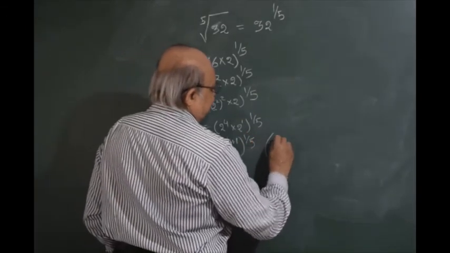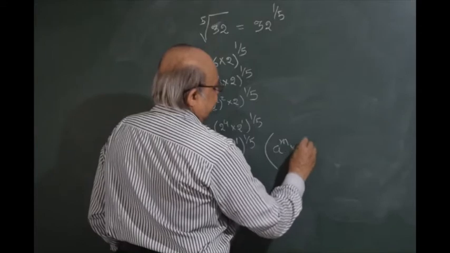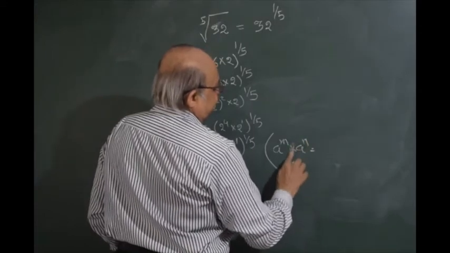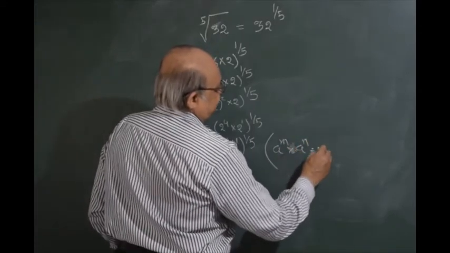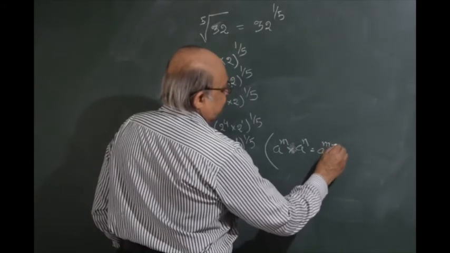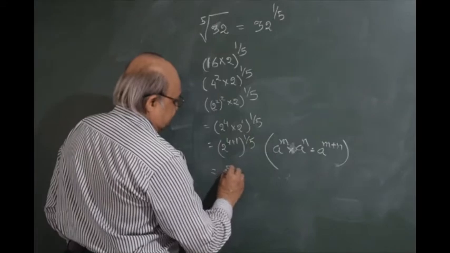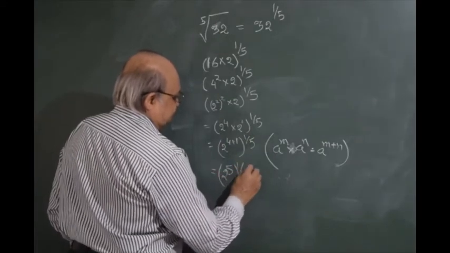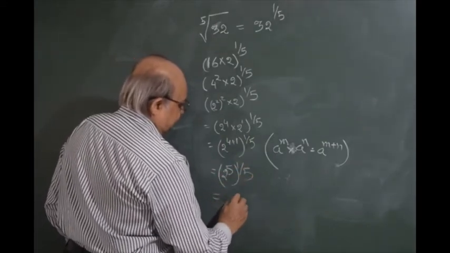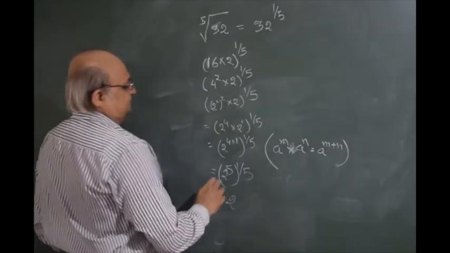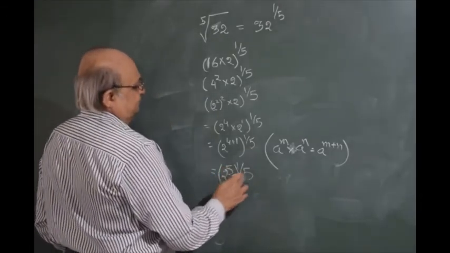Remember the law, a raised to m into a raised to n is equal to a raised to m plus n. So we have 2 raised to 5, the whole raised to 1 upon 5. The law, a raised to m, the whole raised to n.